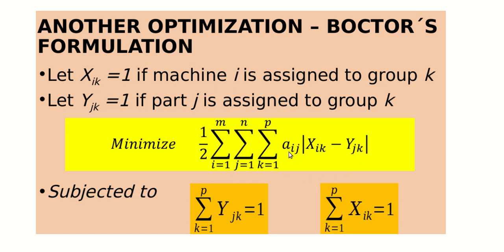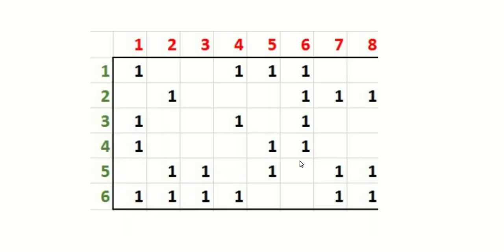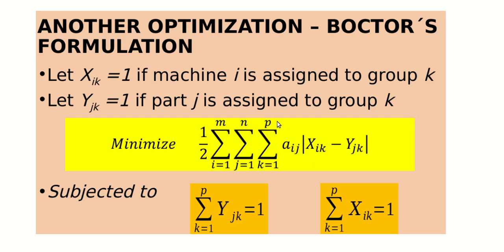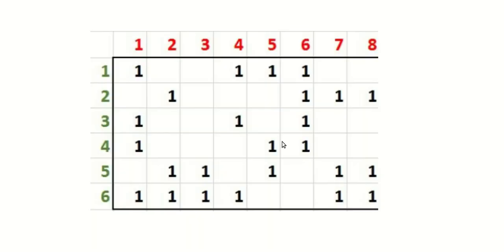What is Aij? Aij is no other thing than the incidence value of this matrix. Okay? So for instance, A23, what is the value of A23? It is 0. A26 is 1. So Aij is essentially the value of our machine part incidence matrix.